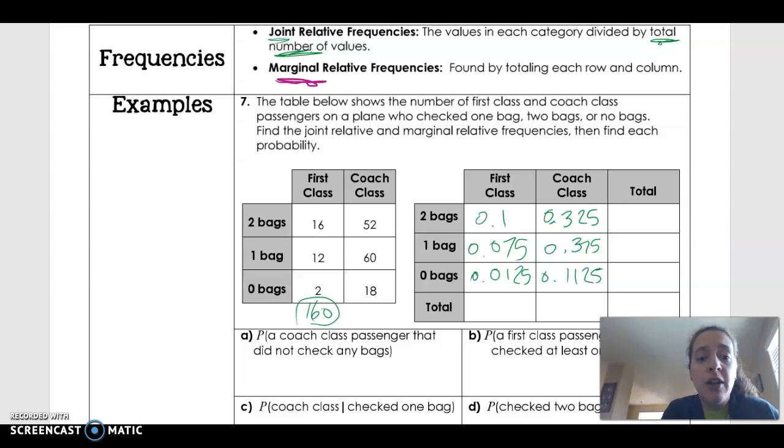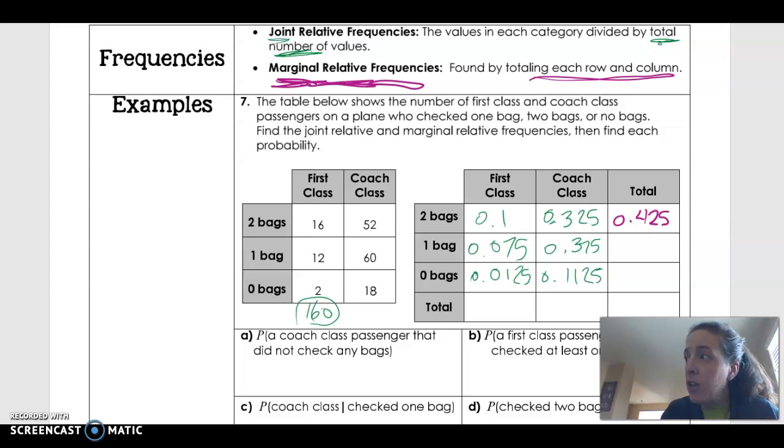Then we can find our marginal relative frequencies. In order to do that, we just total each row and column. So if I add going across for 2 bags, I end up with 0.425. Again, going across, I end up with 0.45. And going across, I end up with 0.125.